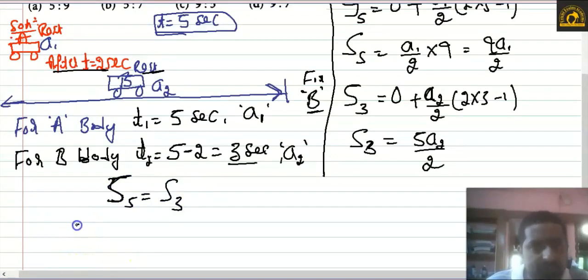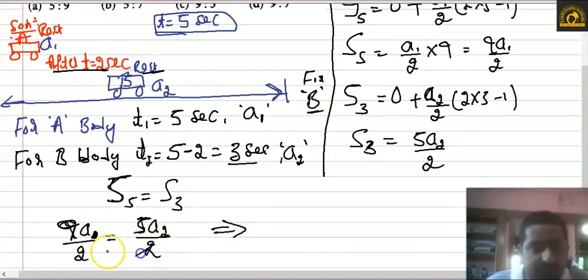So 9a1 divided by 2 is equal to 5a2 divided by 2.